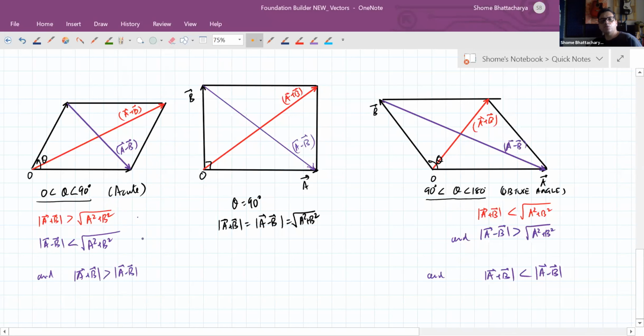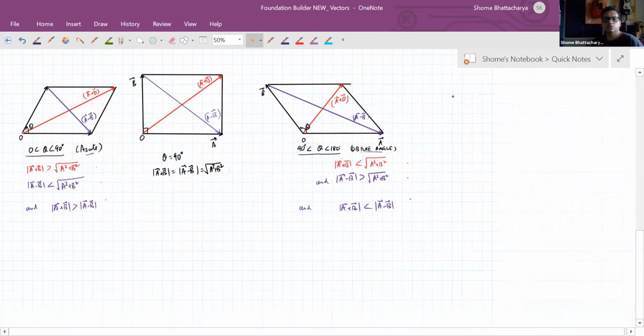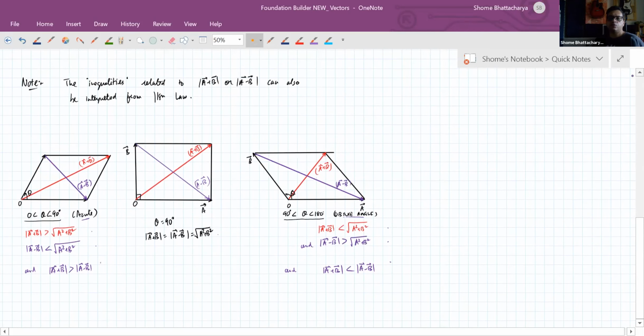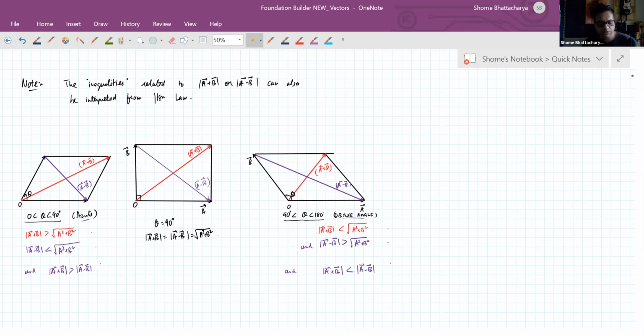So all these become important properties of the situation where the angle is acute. These become important properties of the situation where the angle is obtuse, and this is the unique case where the angle is 90 degrees. So these inequalities become useful while doing those logical type of questions. Now we'll see more examples today also, but yesterday we saw some in worksheet 4.